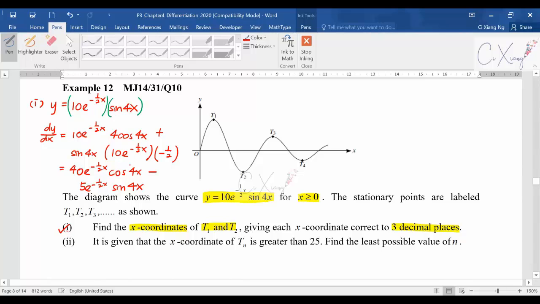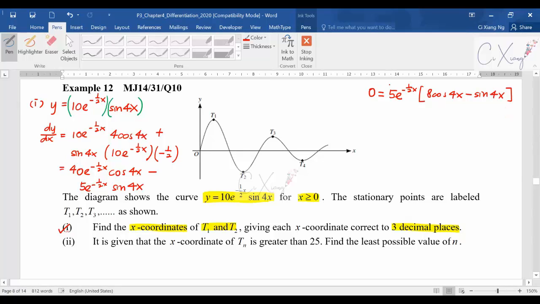After you do the first step, dy dx, the second step is you need to let dy dx equals to 0. If I look at the equation here, I realize that I can factorize 5e power negative half x. If I factorize out the 5e power negative half x, I'll have 8 cos 4x minus sine 4x.